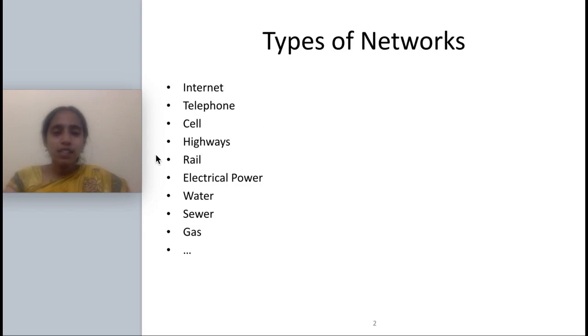You can see the same way telephone, cell phone, highways, rails, electric paths, water, etc. If you are considering water, you will have many lakes or many sources of water, and they will be considered to be vertices. The pipes connecting those sources will be considered to be the edges. So in real time, you can map many scenarios to be a graph.